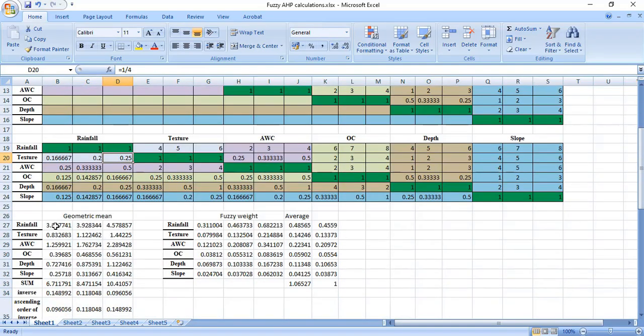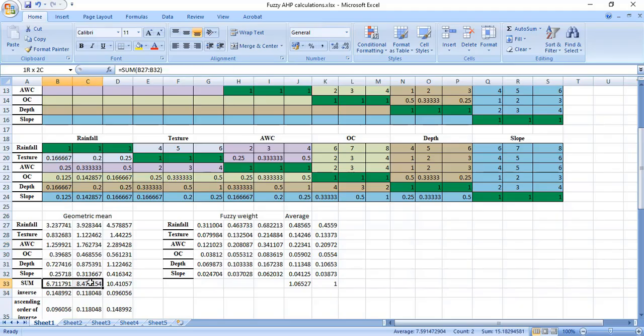Then we will take the geometric mean. Just type GEOMEAN in the formula bar, and we take the geometric mean of all the first cells. Similarly, the geometric mean of all the second cells, and this is the geometric mean of all the third cells. Similarly for texture, AWC, all the criteria you have to do.